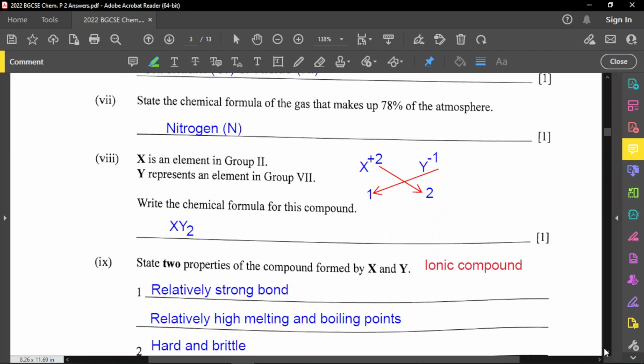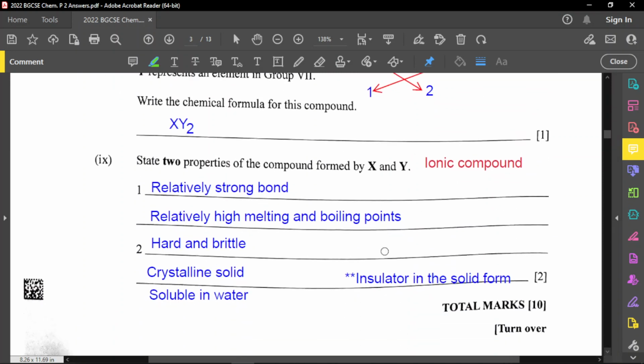For part 9, state 2 properties of the compound formed by X and Y. If X is a metal and Y is a non-metal, then the compound is an ionic compound. Therefore, the compound XY2 will have a relatively strong bond.